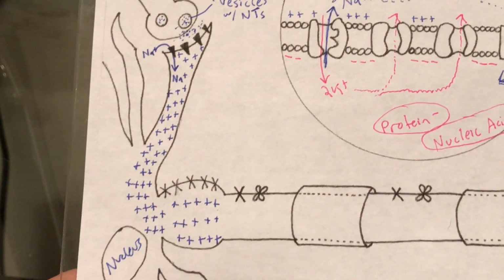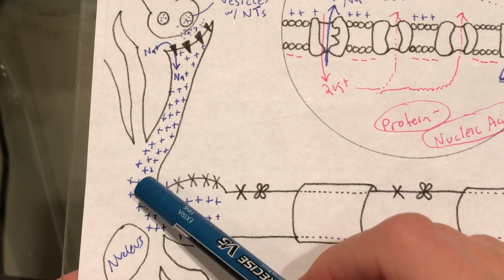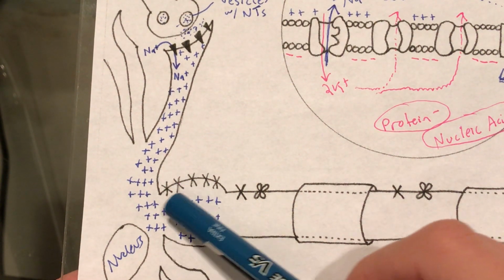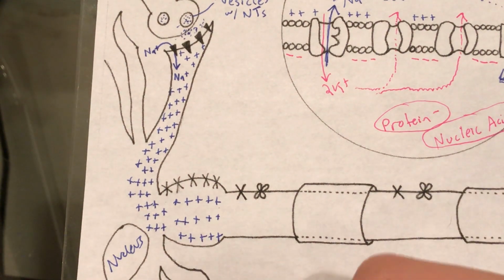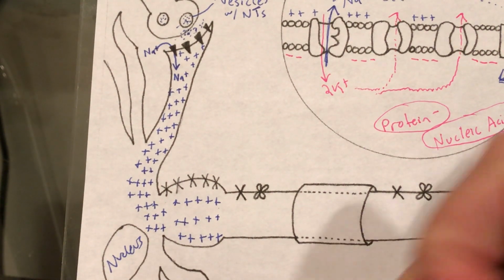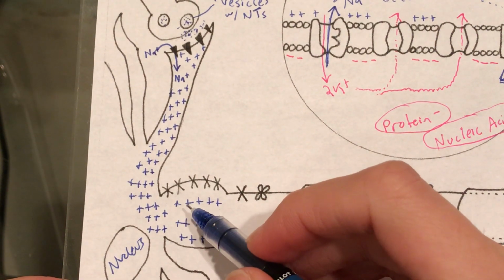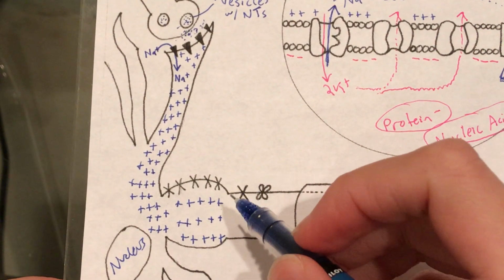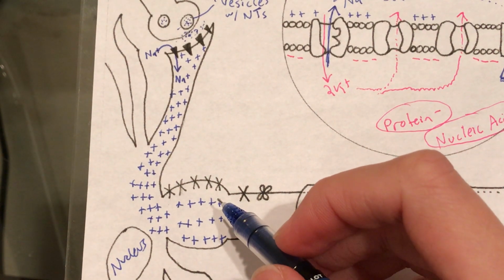If it's very negatively charged at the resting state, but then we have a big influx of positive ions to this area, that means the positive ions are going to be reducing the negativity of that area of the cell. So essentially, these positive ions are making this part of the cell less negatively charged, or you could think about it as more positively charged.